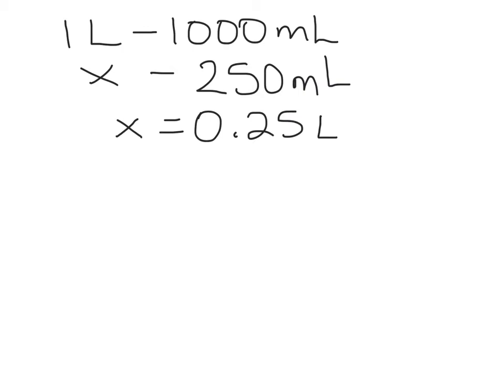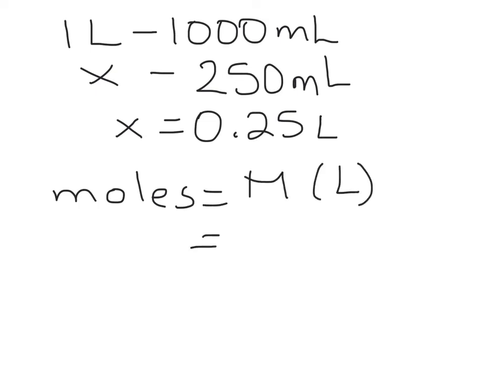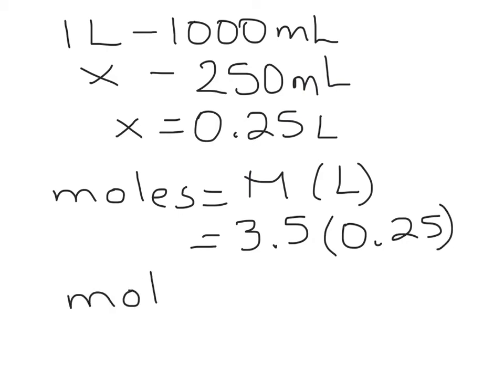Now I can replace it in the formula. Moles equals molarity times liters. I have the molarity value, which is 3.5, and now I have the liter value, which is 0.25. The quantity of moles is 0.875.